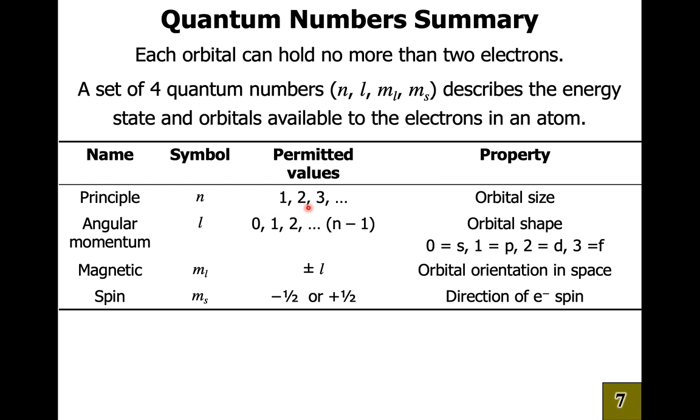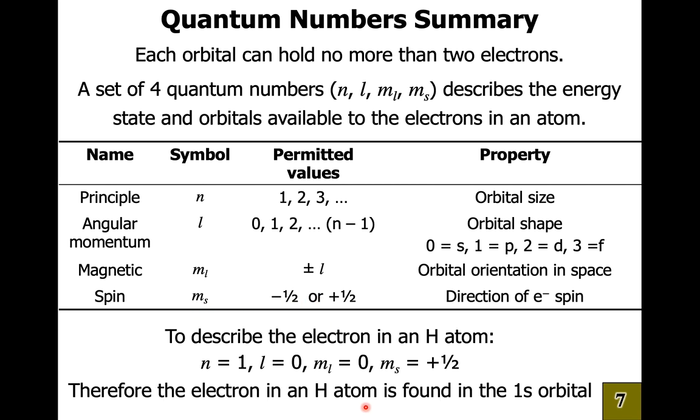So if we're talking about n equals 2, then l can have values of 0 and 1, because l can only go up to n minus 1, and in the case of 2, 2 minus 1 is 1. m sub l has values of plus and minus l, going through 0. And so it is constrained by the value of l. And then m sub s can have values of minus 1/2 or plus 1/2.